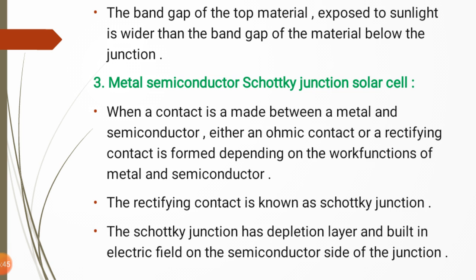That means there is a maximum amount of absorption of photons. So the wider band gap material is exposed to the sunlight, and the smaller band gap material is below it. This is the criterion for the semiconductor material.